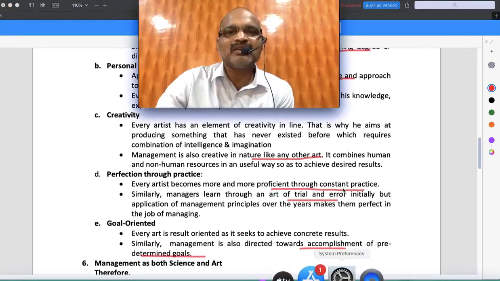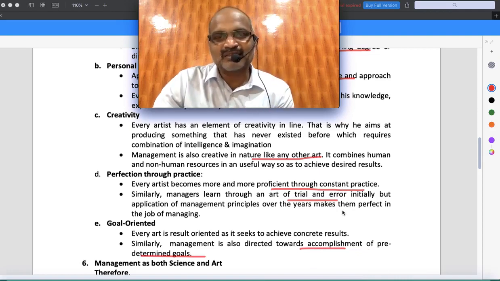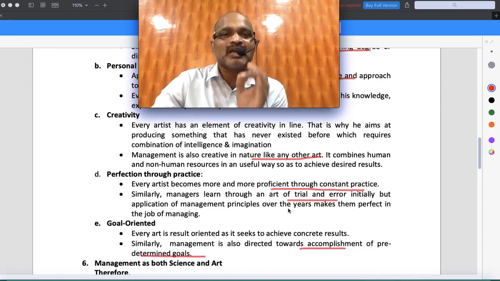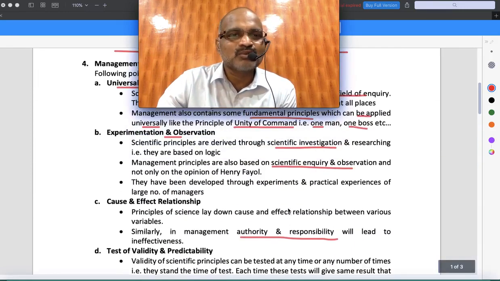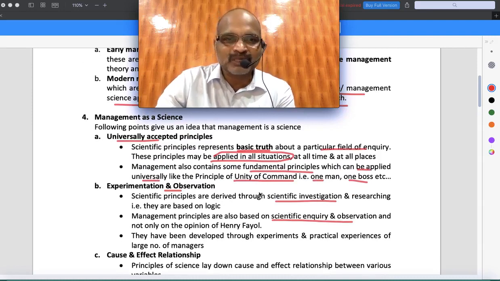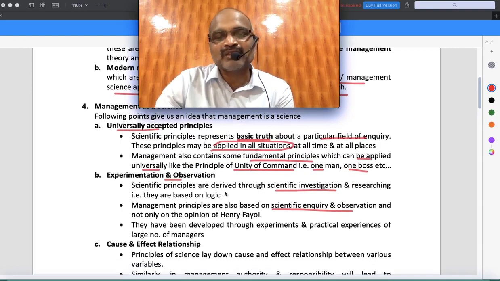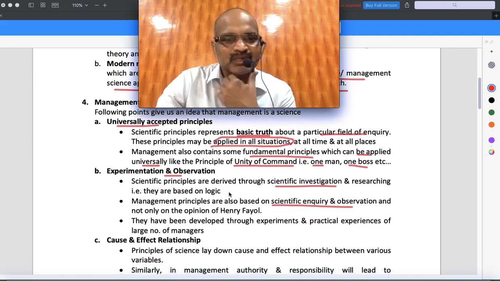So finally, I want to conclude, management is all about getting things done. Management has certain characteristics of science. Management has certain characteristics of art. What characteristics do you have to remember here? In case of science, what kind of characteristics do we have? Just like scientific principles are applicable everywhere, management is also applicable everywhere. Just like scientific principles are experimented and observed, this is also observed everywhere.